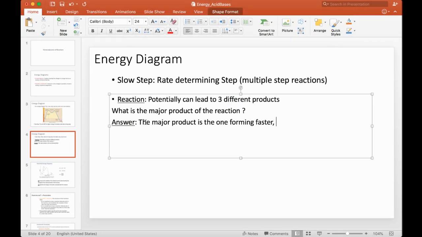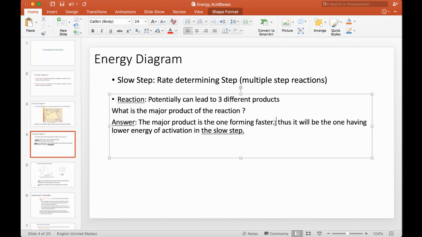And that one will be the one having lower energy of activation in the slow step. I'm going to emphasize the slow step because you need to focus on the rate determining step. So the major product is the one formed faster.